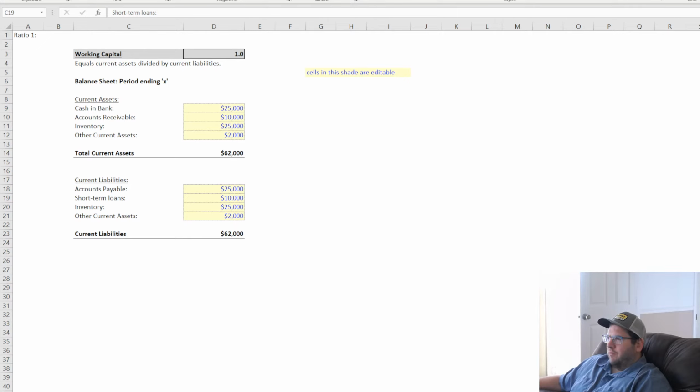Deferred revenue. Accrued, yeah, accrued. Everything else is basically accrued expenses. So we'll do a catch-all, accrued expenses.